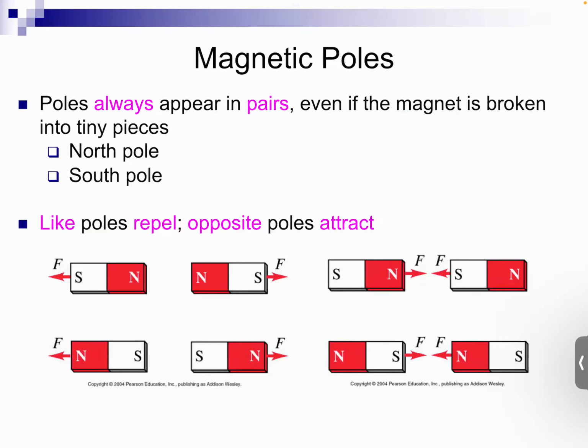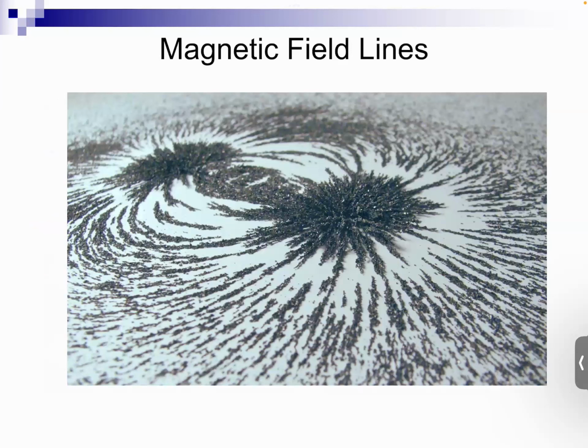Just like like charges repel and opposite charges attract, for magnets we talk about the poles, so like poles repel. A north pole will repel a north pole, whereas opposite poles attract, as you can see here, a north pole attracts a south pole.